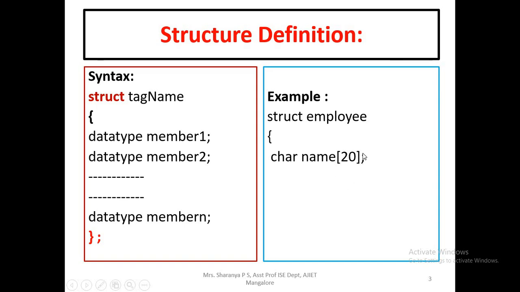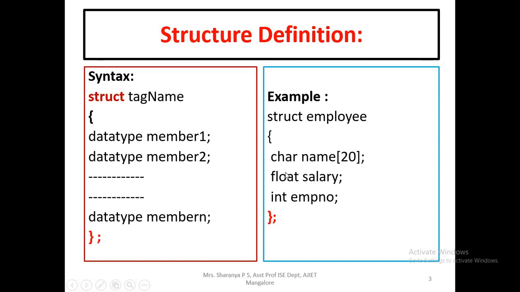So a total of 20 memory locations are allocated, and one more data type, it is a float, and one more is an integer with employee number. So now if we look at this complete definition of the structure, the name of the structure is employee, and it consists of three different variables of different data types.